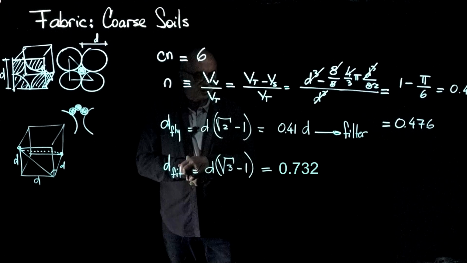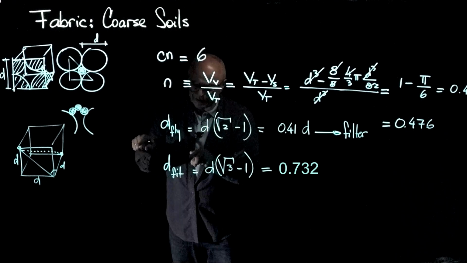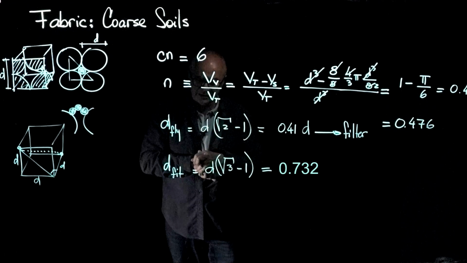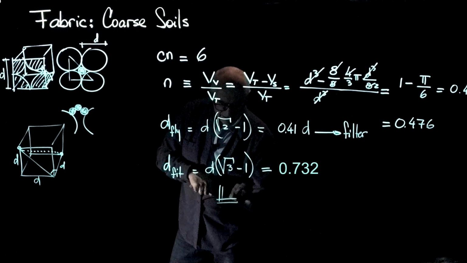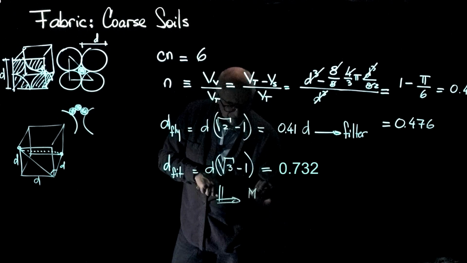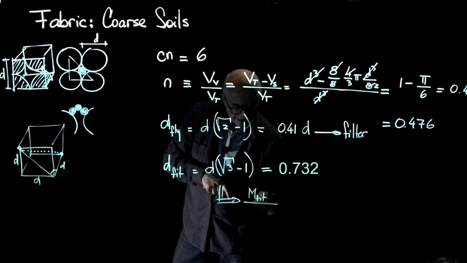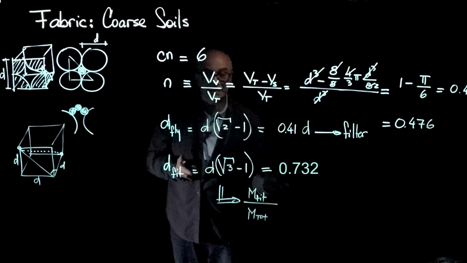And now I have one more question. If I manage to put this particle in every single hole in a simple cubic packing, then the question will be, what is the mass of these fine particles that fit in with respect to the total mass? This is grain size distribution.